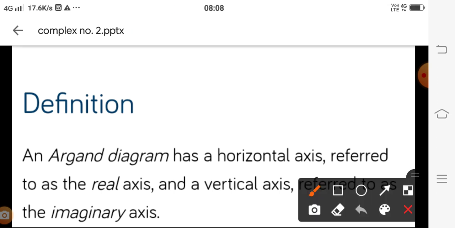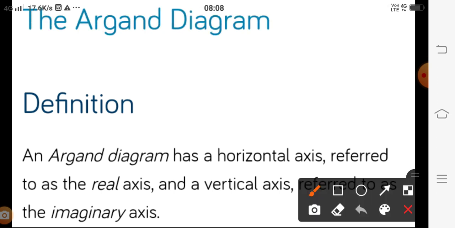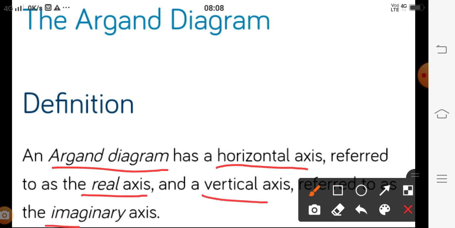First of all, we are going to discuss what we mean by the Argand plane. An Argand diagram has a horizontal axis referred to as the real axis. We know that if we have a complex number, we get the real part and the imaginary part. Similarly, we call the horizontal axis the real part, and the vertical axis the imaginary part.